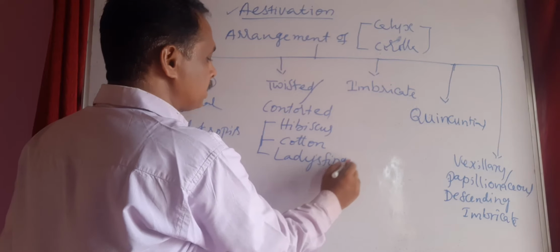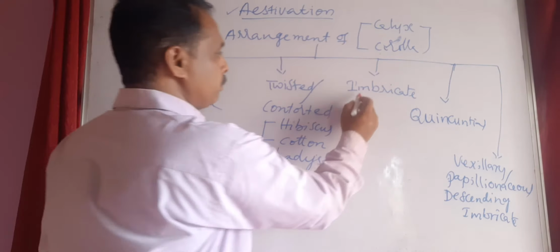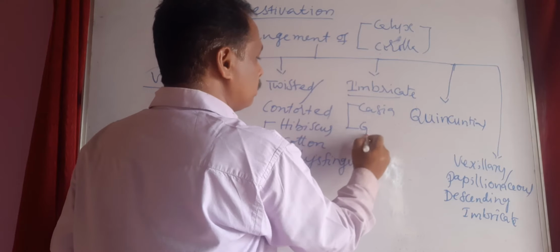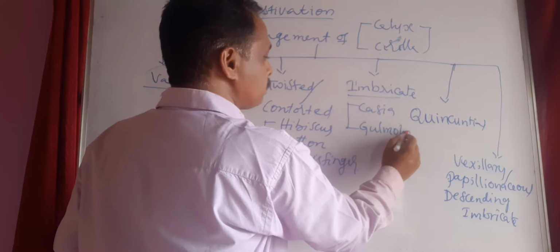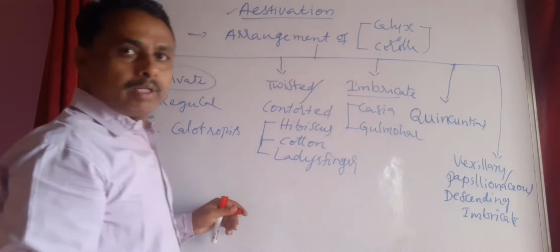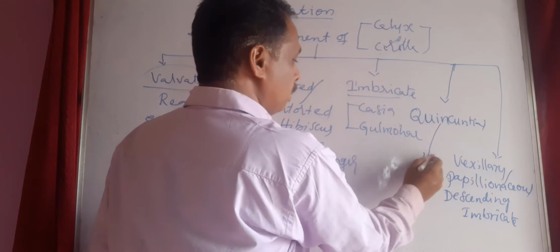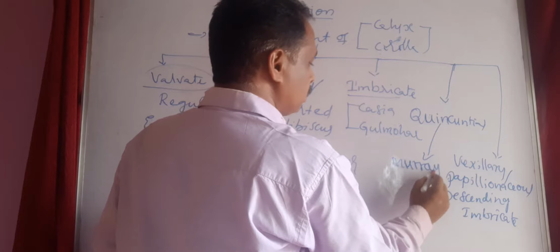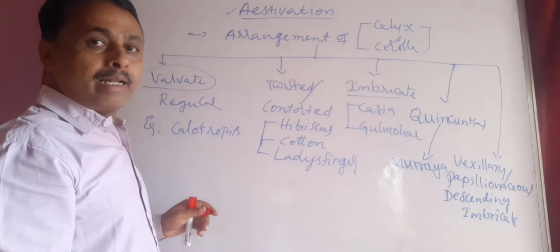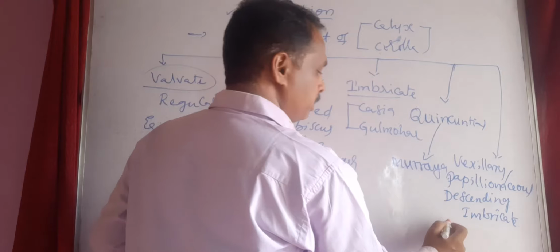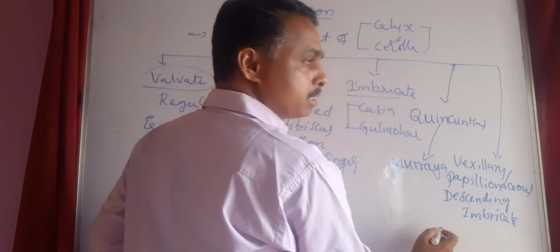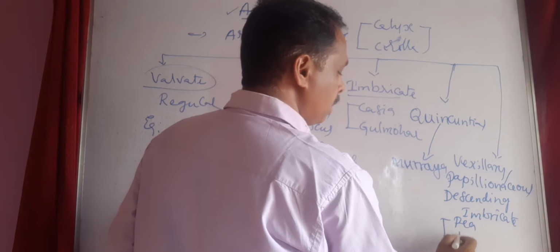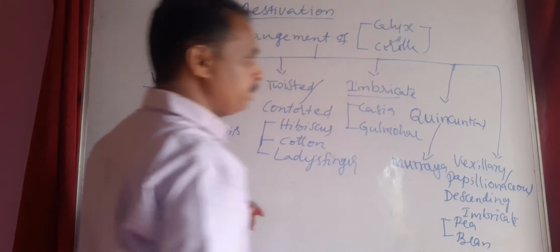For imbricate aestivation, examples are Cassia and gulmohar. For quincuncial aestivation, the example is Murraya koenigii, curry leaf. Vexillary or papilionaceous aestivation is characteristic of Fabaceae members such as pea and bean.